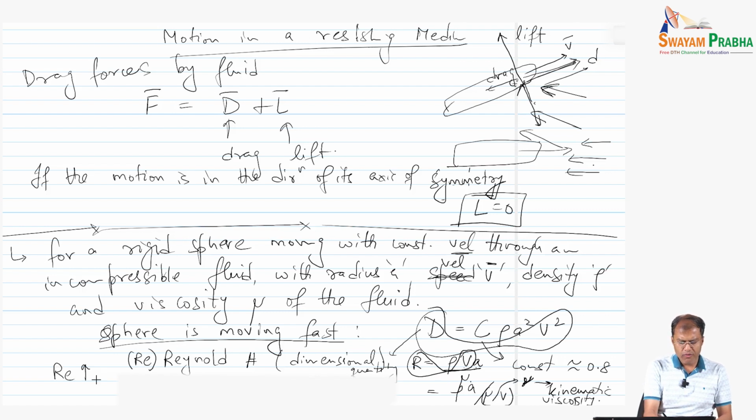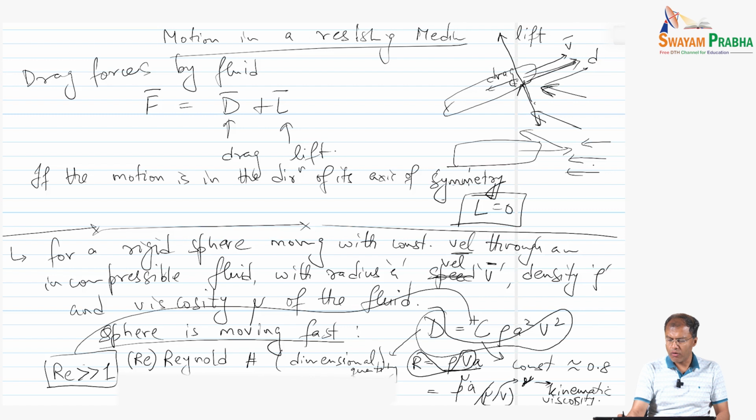If Re is very large, then this formula for the drag holds. Again, this is a research result and I don't want to dive deeper into the origin of these results. Typically, there are terminal velocity experiments which quote these results.